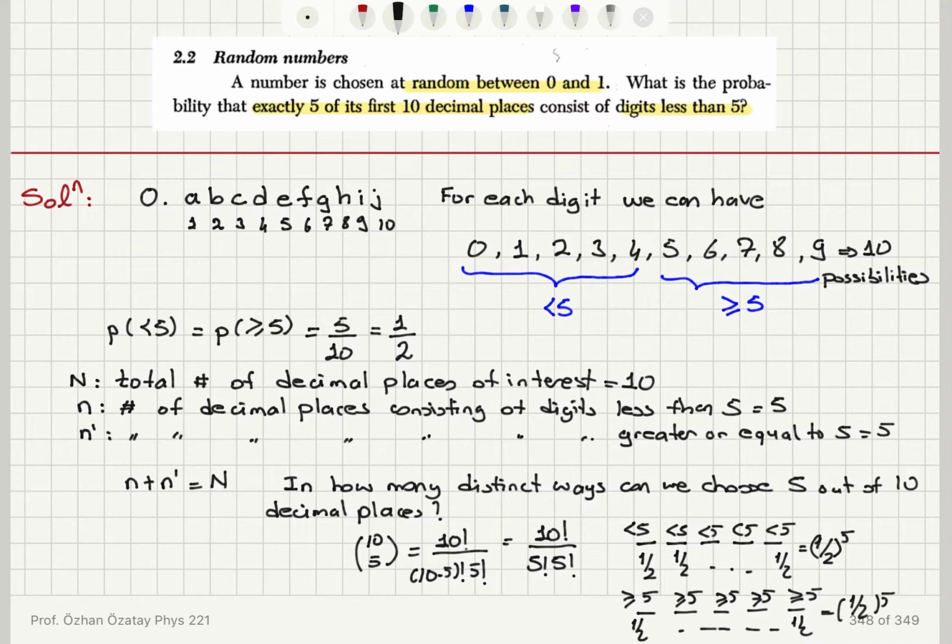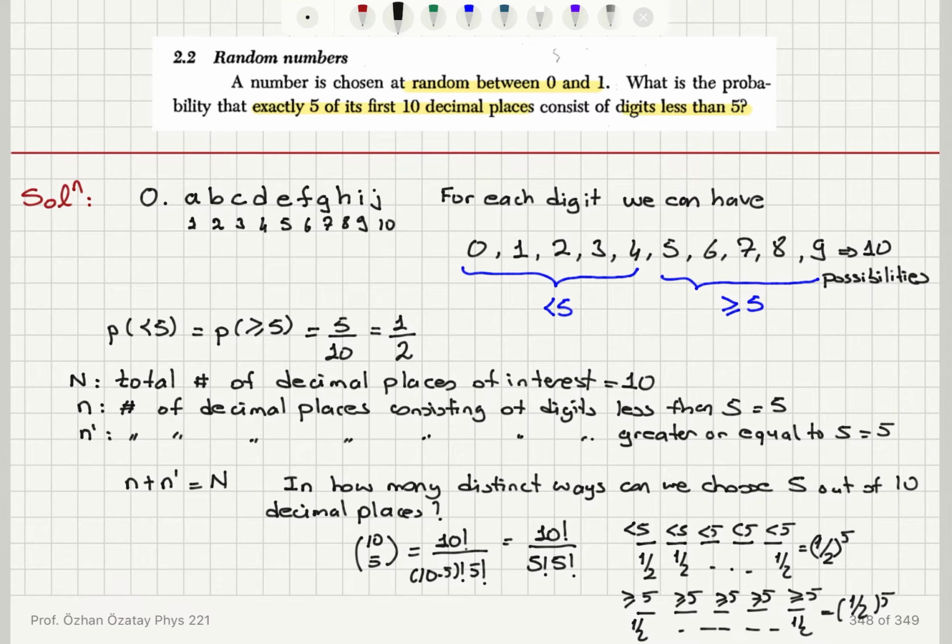So what is the probability of joint occurrence of the 5 decimal places having a value less than 5, 1 over 2 to the power 5, and the other 5 having a value greater or equal to 5, that is 1 over 2 to the power 5, multiplied by 1 over 2 to the power 5.